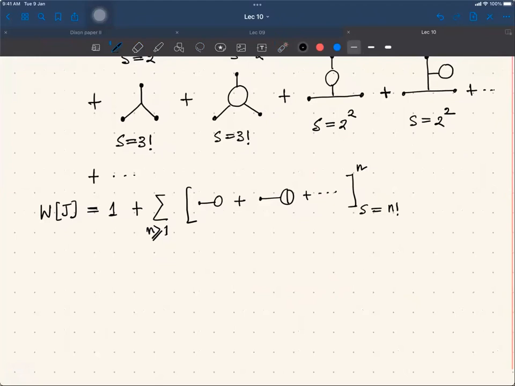Now you have to binomially expand the entire thing to get wj. If you want to get individual terms of wj, you have to binomially expand these, and all powers and combinations will appear there. Like one term will be this to the power n.